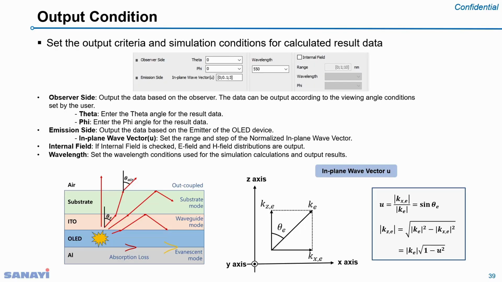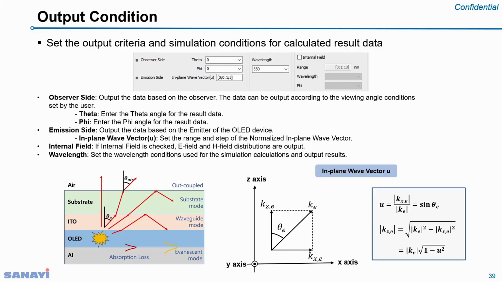However, if you want to check dissipated power UKE and radiated power UK out, I recommend to use 0.001 step because they are graphs in which the x-axis is an in-plane wave vector.